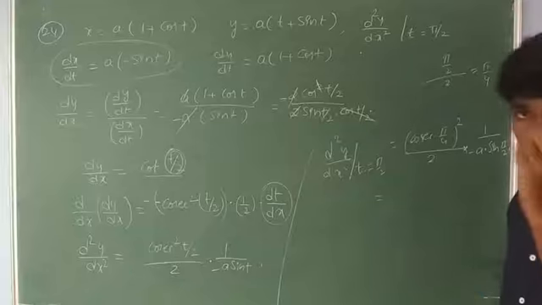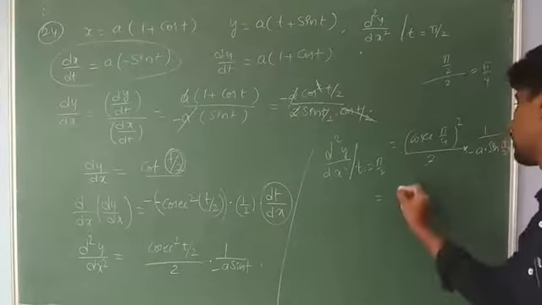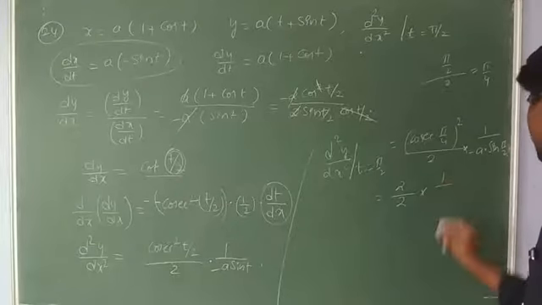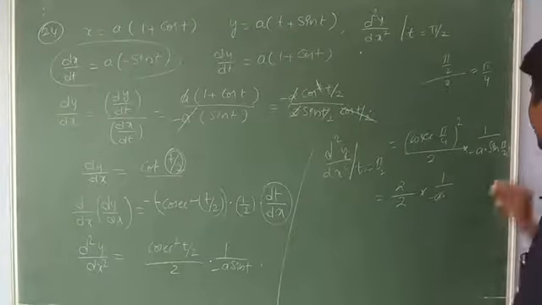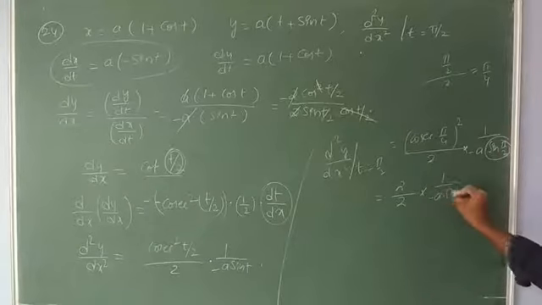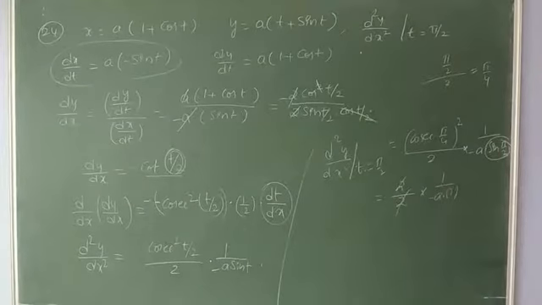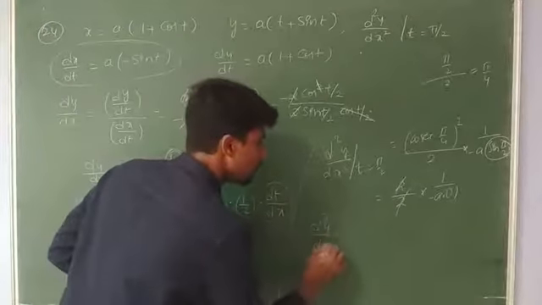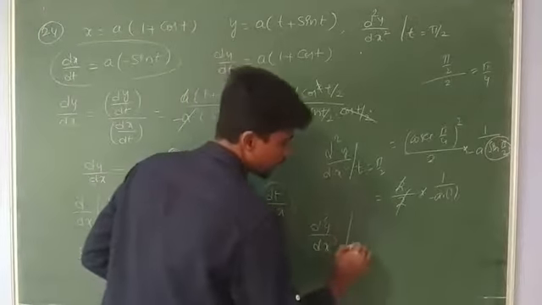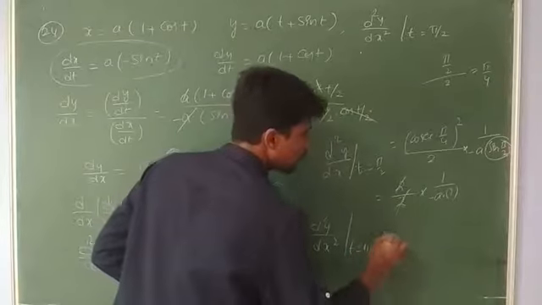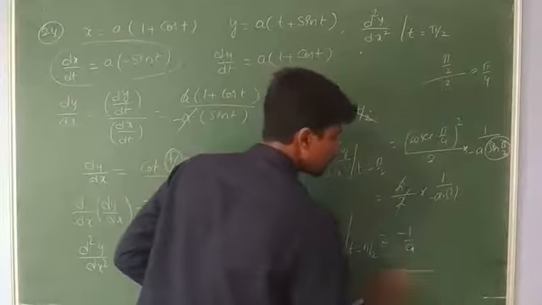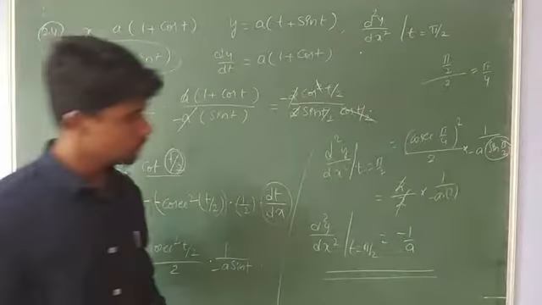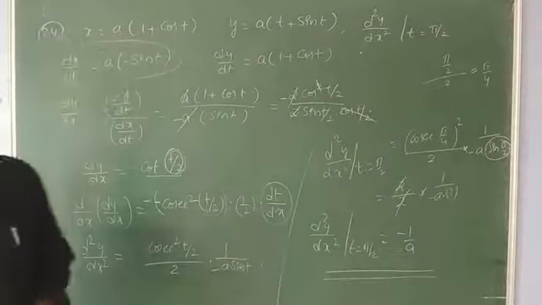Cosecant pi by 4 is root 2, whole square is 2, so 2 by 2 into 1 by minus a into sin pi by 2, which is 1. We get the answer: d2y by dx square at t equal to pi by 2 equals minus 1 by 8.